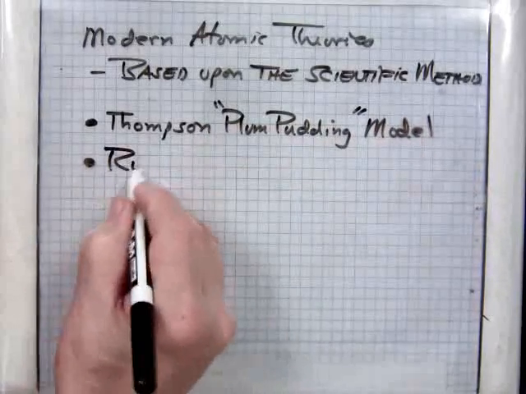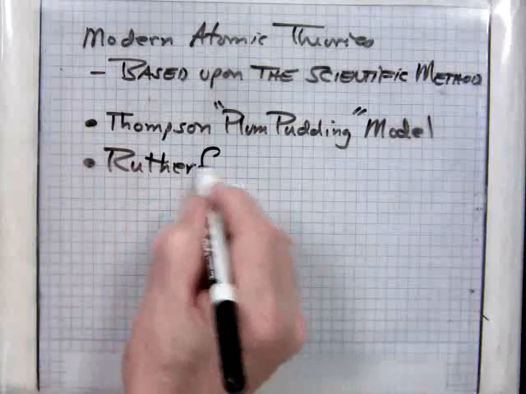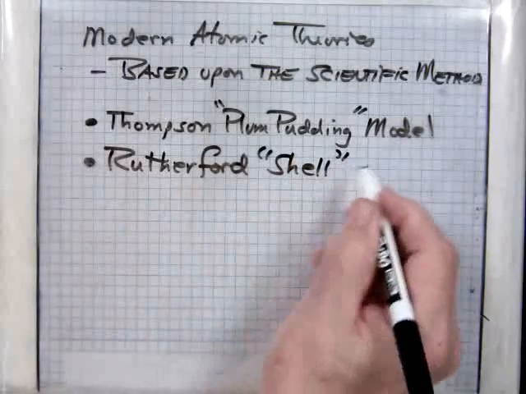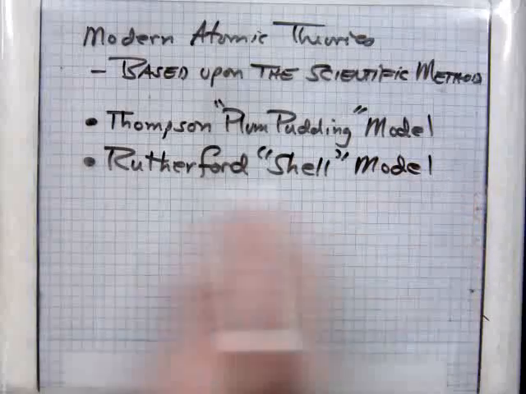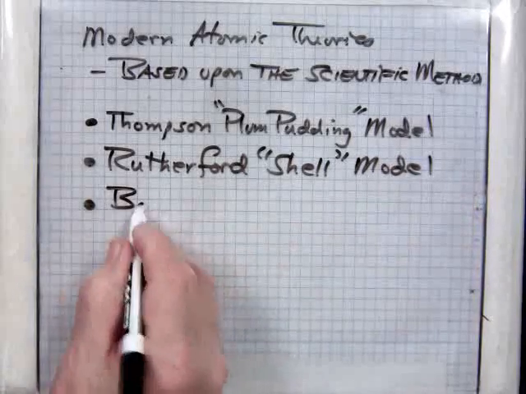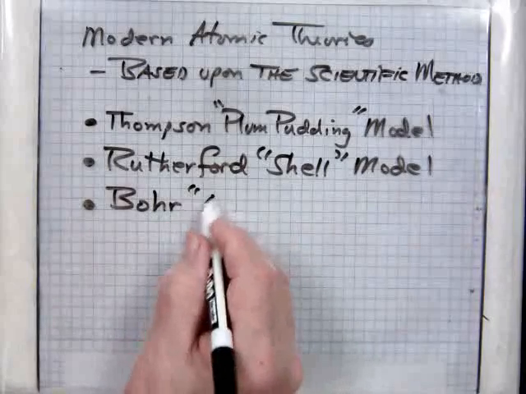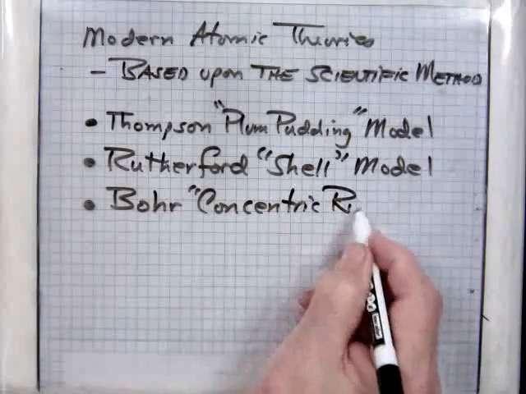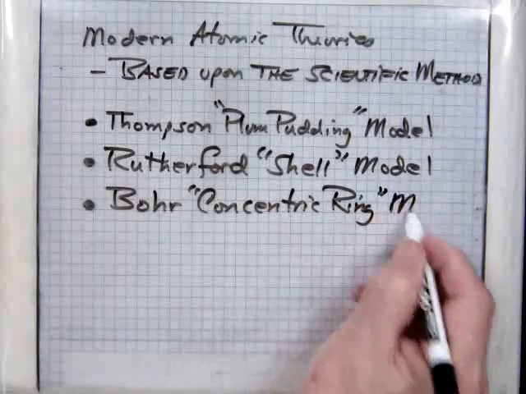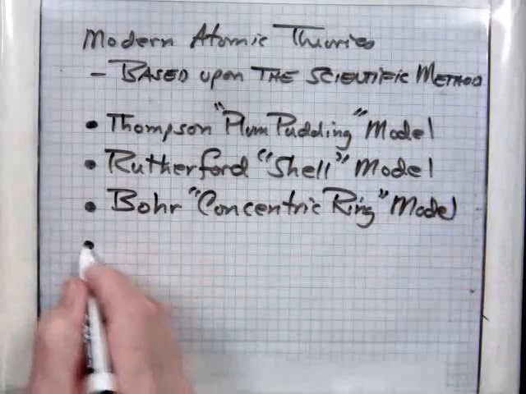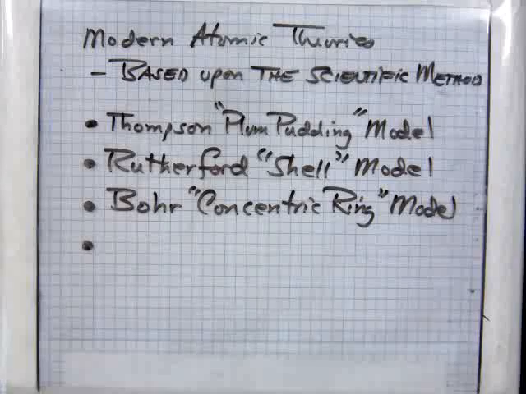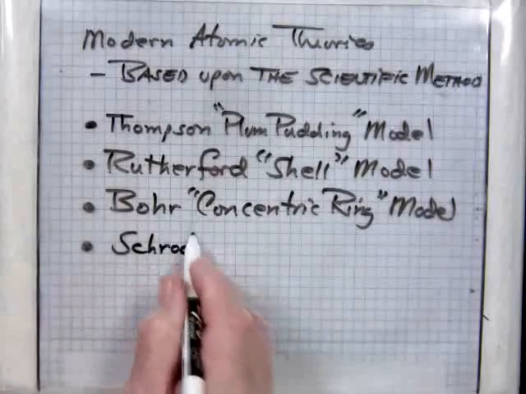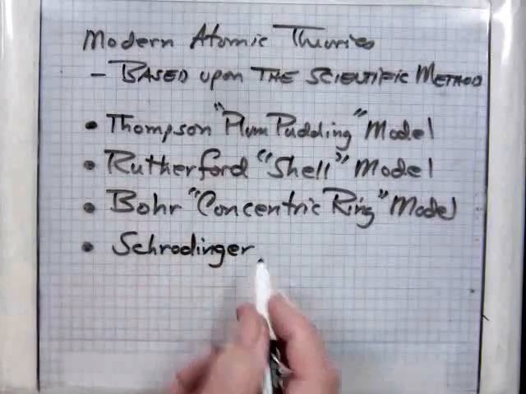The Rutherford shell model, the Bohr concentric ring model, and the theory that we subscribe to today, the Schrodinger quantum model.